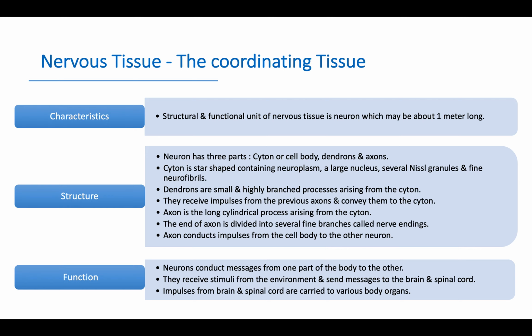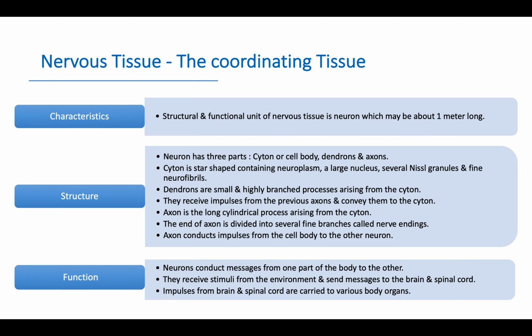Cyton is star-shaped, containing neuroplasm. The cytoplasm present in nerve cells or neurons is called neuroplasm. It has a large nucleus, several Nissl granules, and fine neurofibrils.